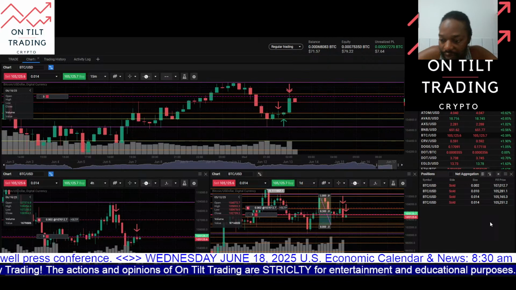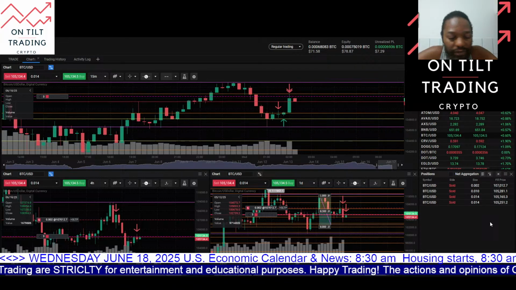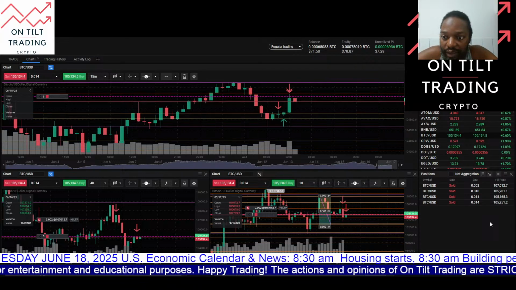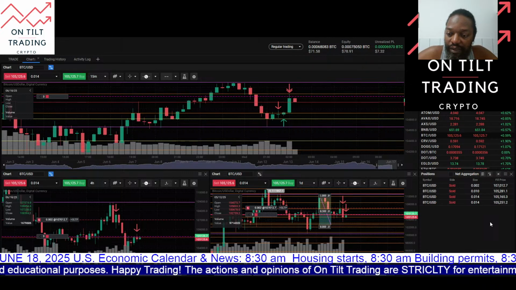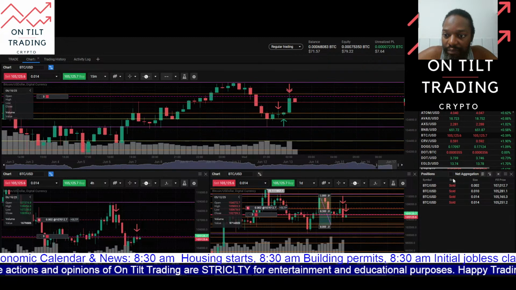I may put a smaller position on here to round this out, just to get into the habit of waiting. Now we have a new low in this current candle.